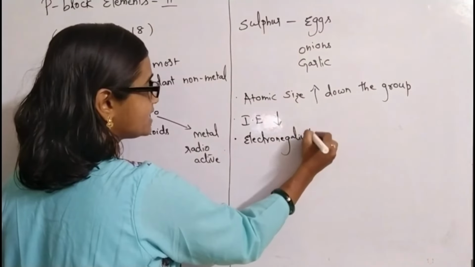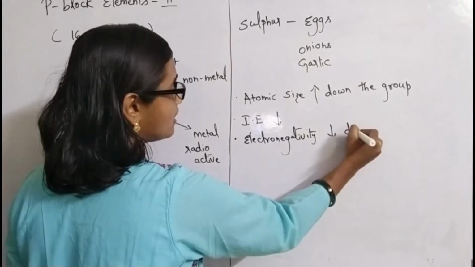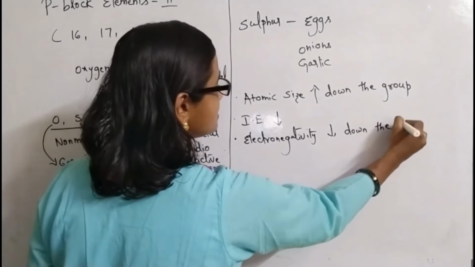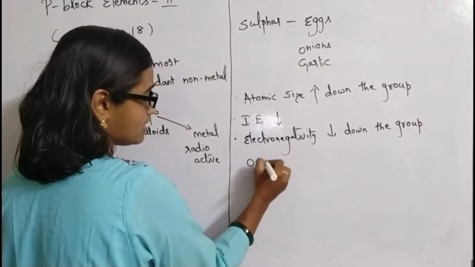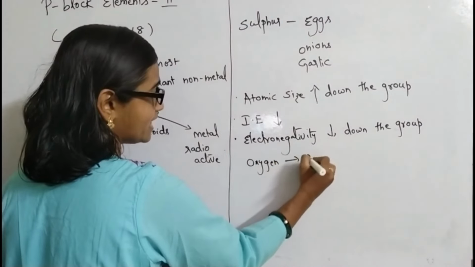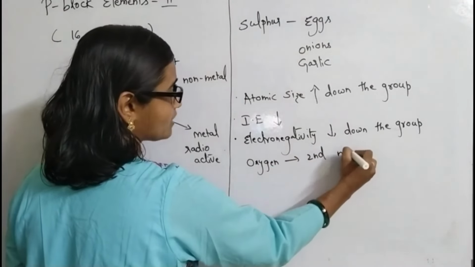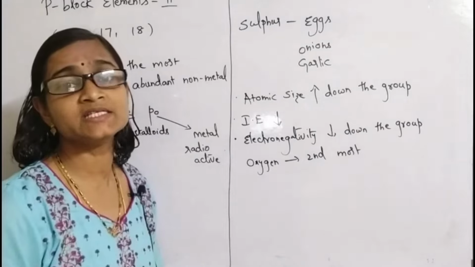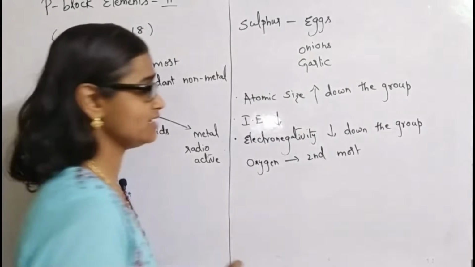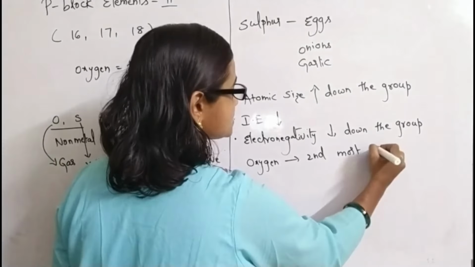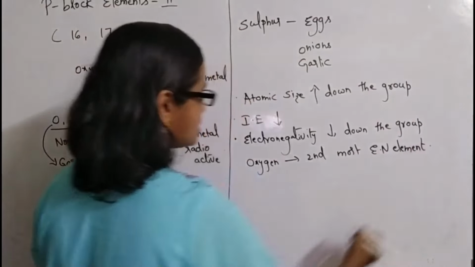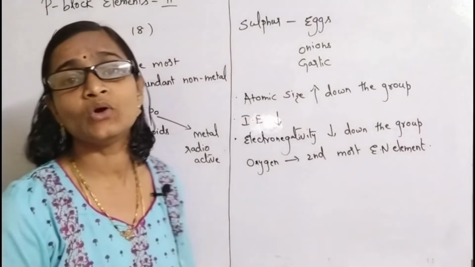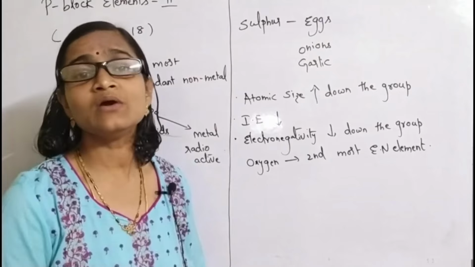Oxygen is the second most electronegative element. The first most electronegative element is what? Fluorine. Please remember that point. So the electronegativity of oxygen plays a very important role in the formation of many compounds.